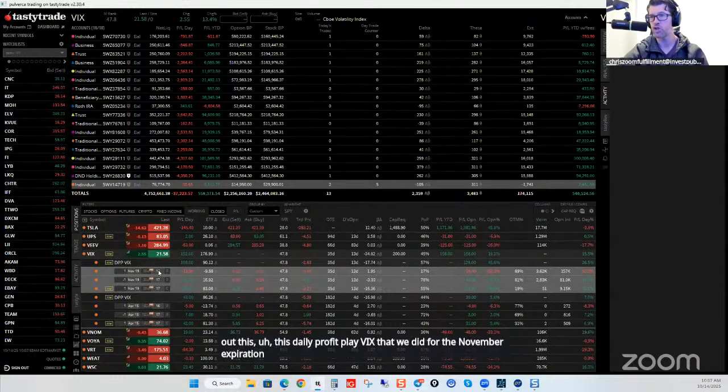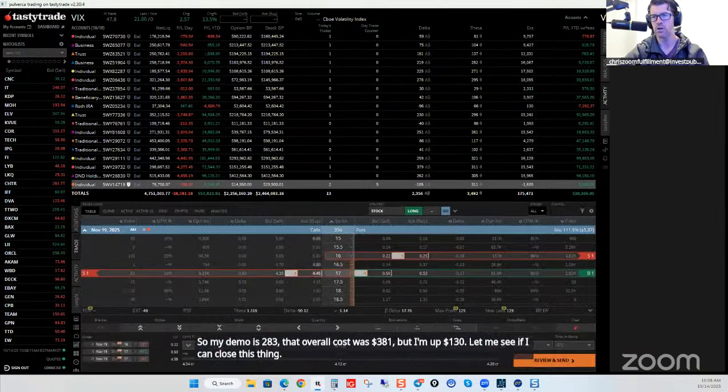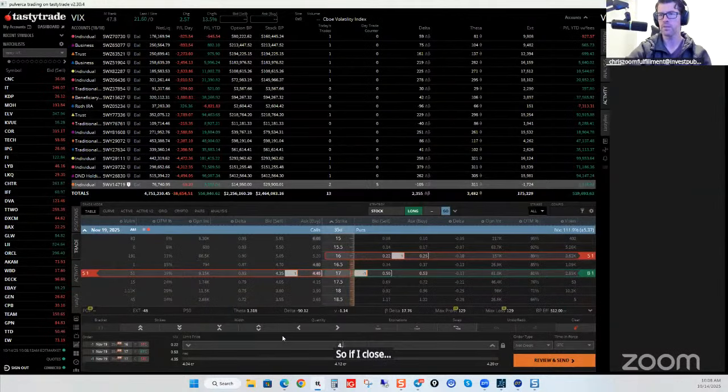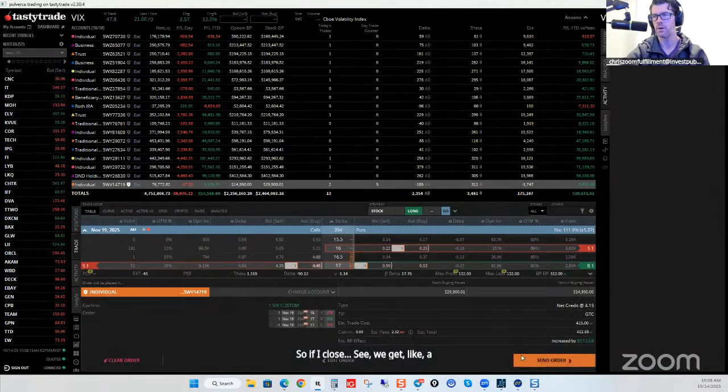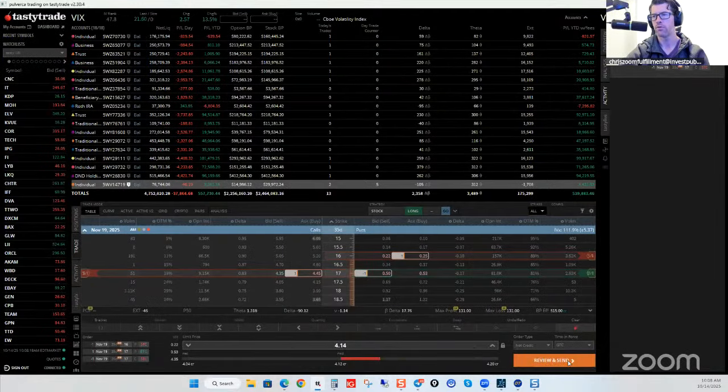expiration. This one is pretty cheap. It's up about 45% return. It cost us a max of 381. So my debit was 283. That overall cost was $381, but I'm up 130 bucks. Let me see if I can close this thing. So if I close, we get like a 415 credit maybe. 414 credit.